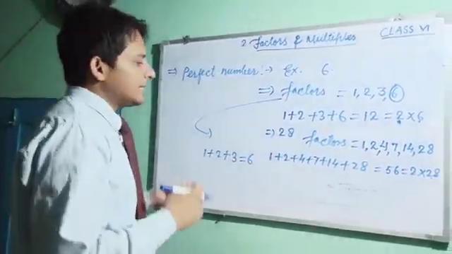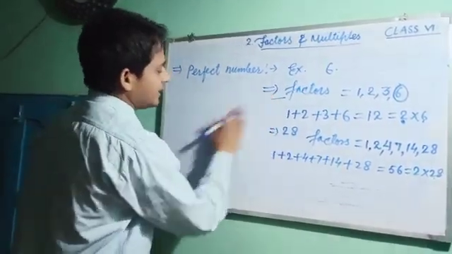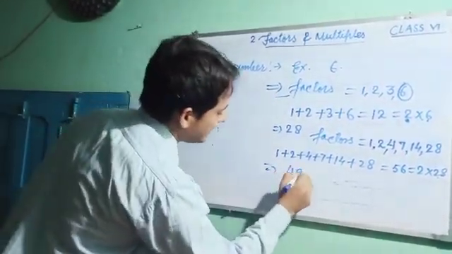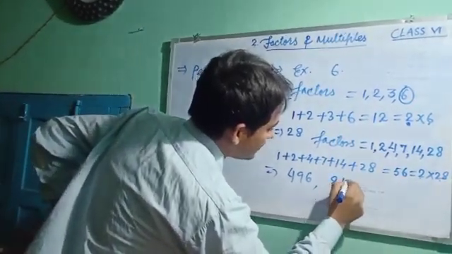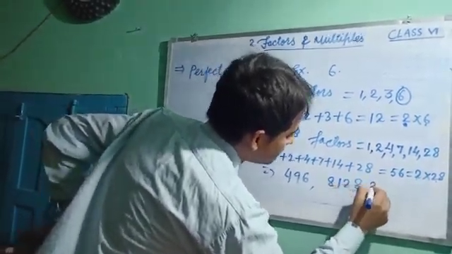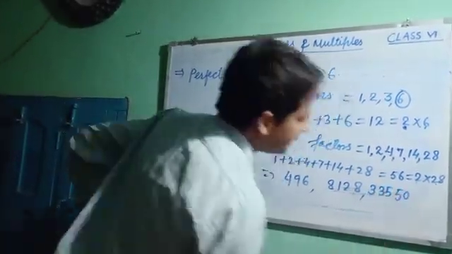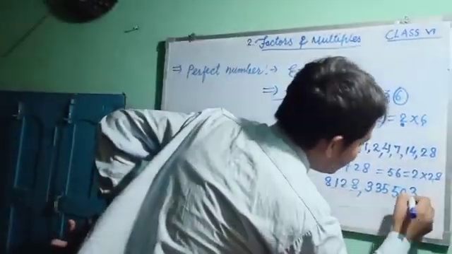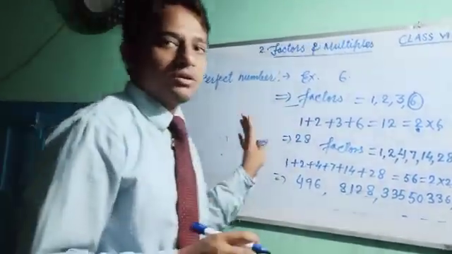Similarly we can define it for 28, and there are other examples of perfect numbers: 496 and 8128 and 3 crores 35 lakhs 50,336 and so on. These are examples of perfect numbers.